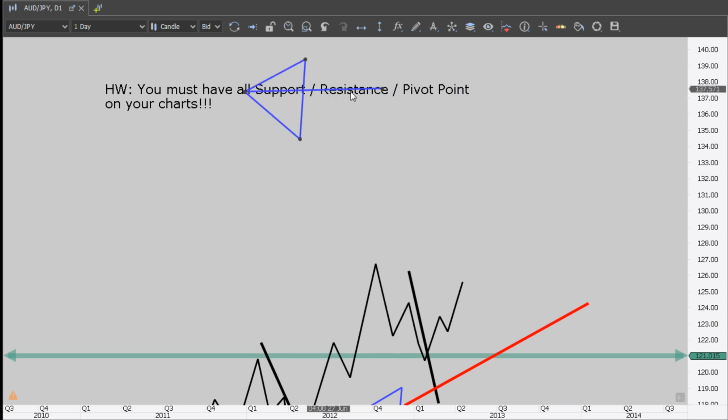So the homework is you must have all support, resistance and pivot points on your chart. You can choose, everybody, that you are not going to use support, resistance and pivot points, but believe me, you are going to have a hard time trading. In my opinion, of course.